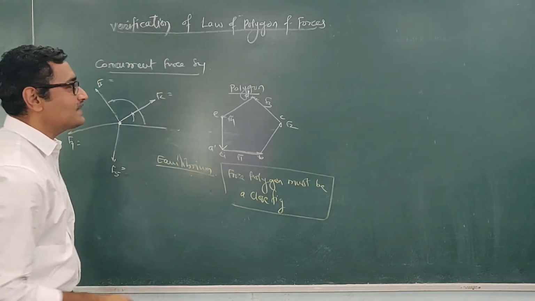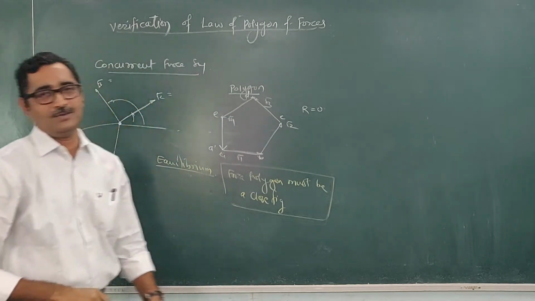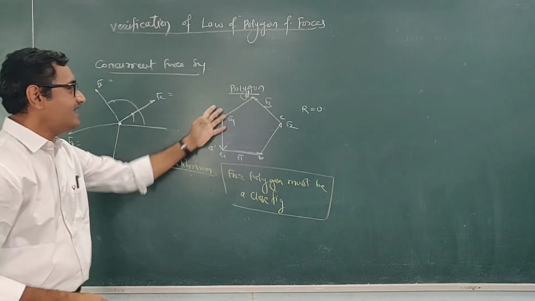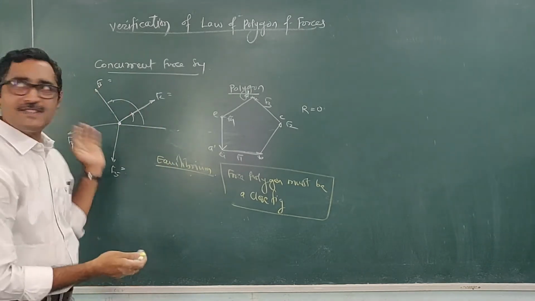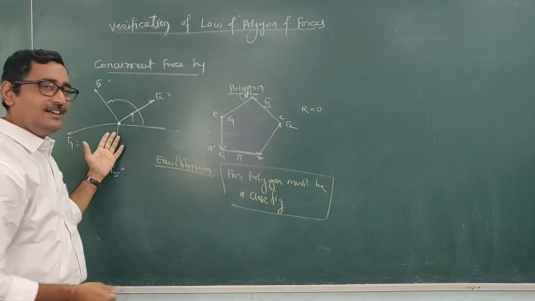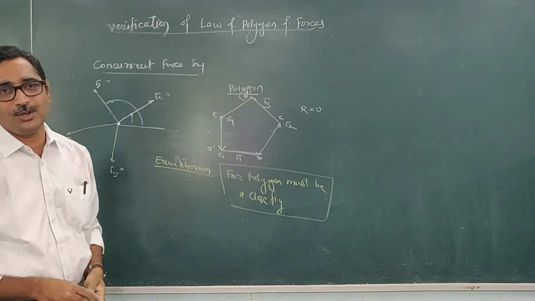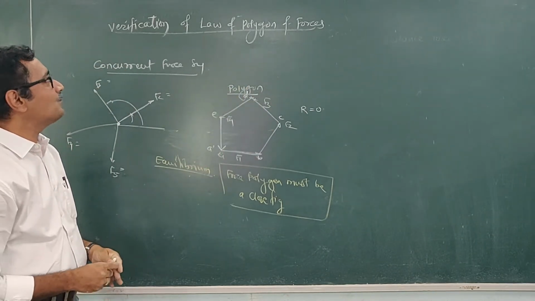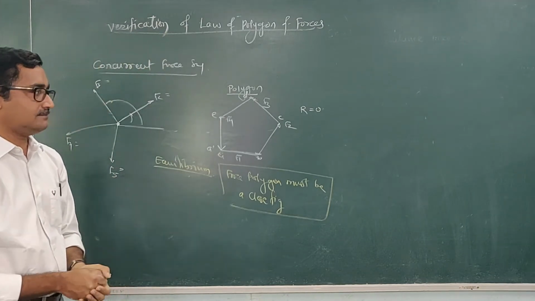If the last point coincides with the first point, you can say that the resultant is equal to 0. Okay, and hence it is a proof of law of polygon of forces. Because the system is in equilibrium, that's why resultant is 0, and since resultant is 0, the polygon will be a closed polygon. Okay, this is the proof of the law of polygon of forces.